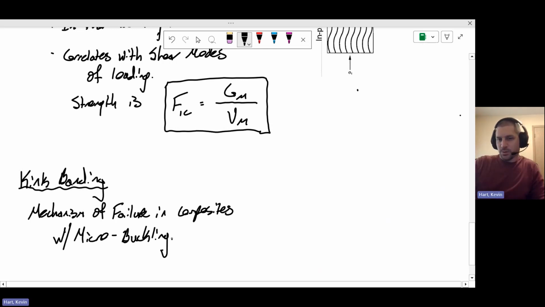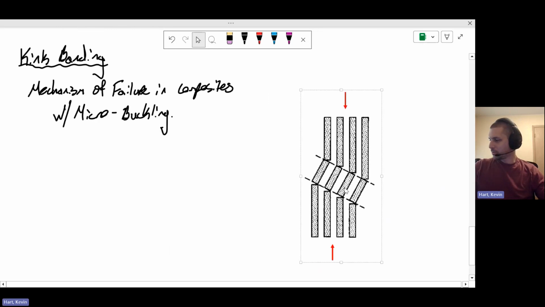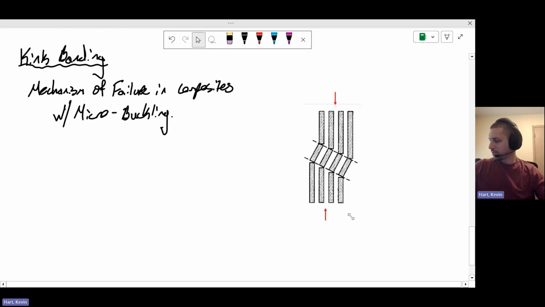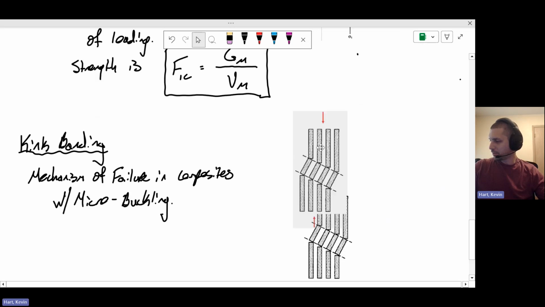And I'm going to bring in some actual real life pictures here, but I want to talk a little bit first about a cartoony picture that I think tells the story. And it correlates well with the images that we've seen so far with this microbuckling.